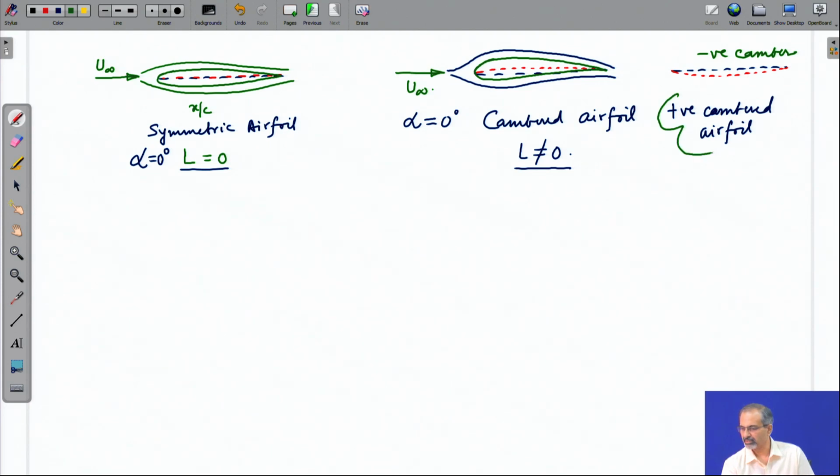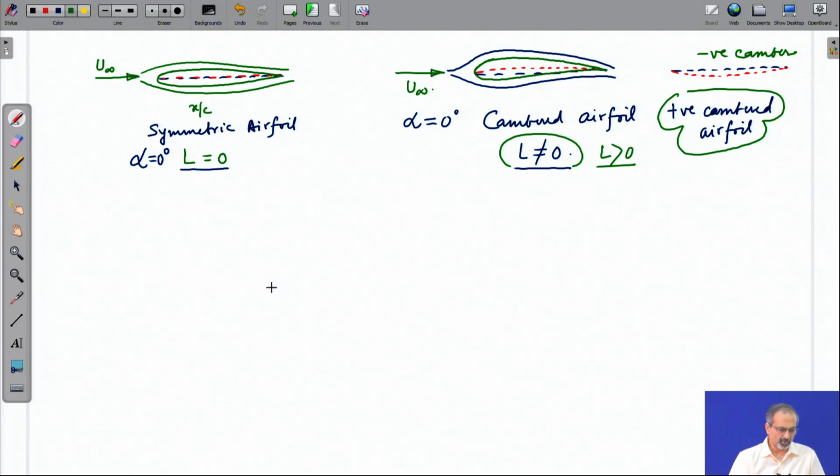However, we are not bothering about that; we are concerned with a positively cambered airfoil, and it ends up giving us a non-zero lift, which is positive. Now, we would be interested to see how the pressure distributions really look in principle on the upper and lower surfaces of the airfoil.